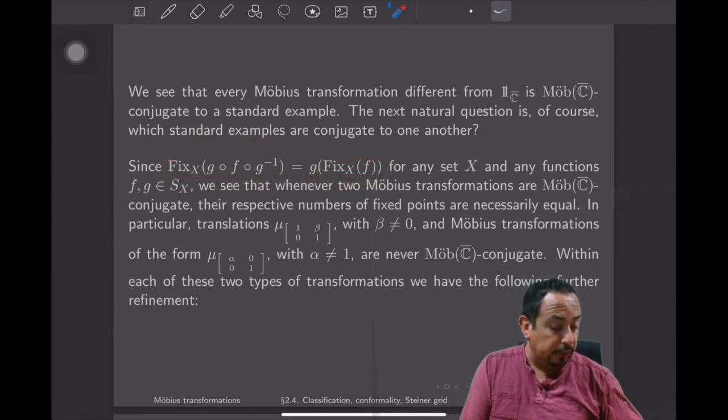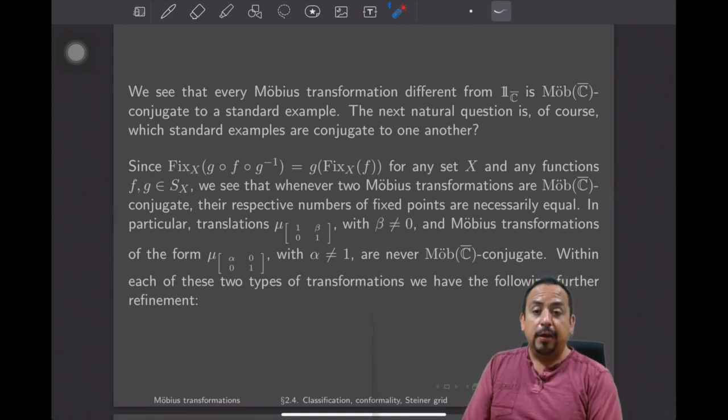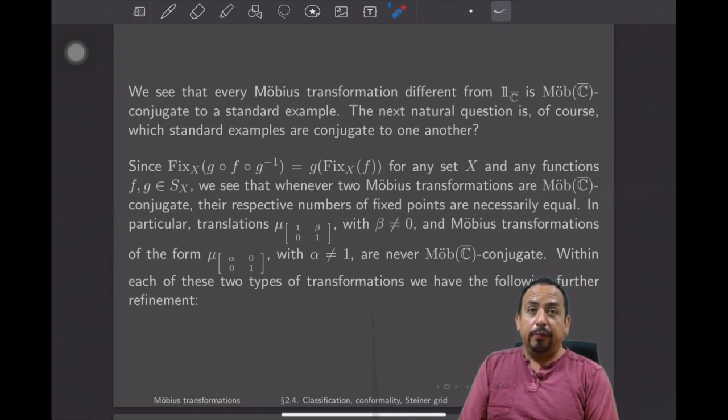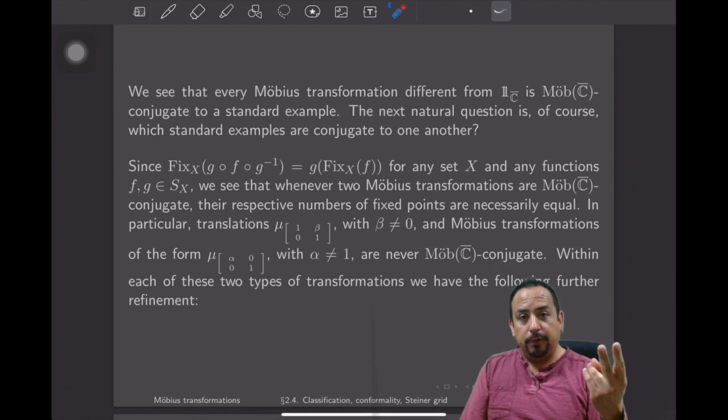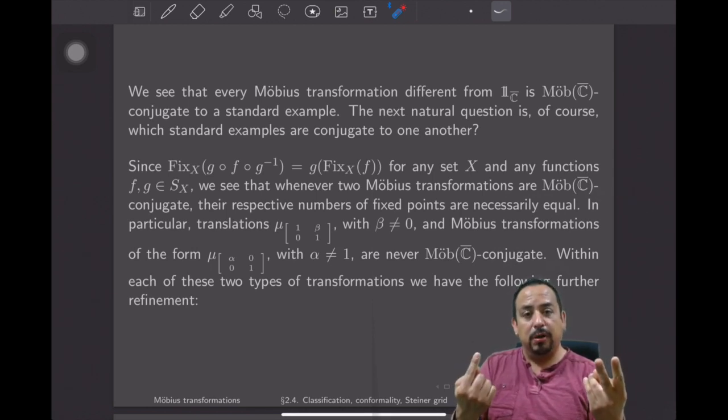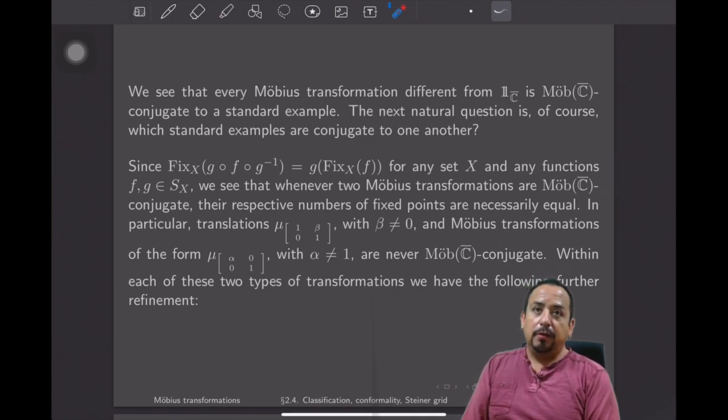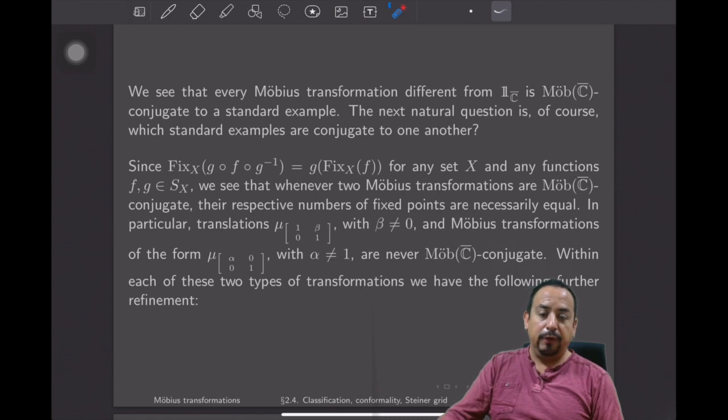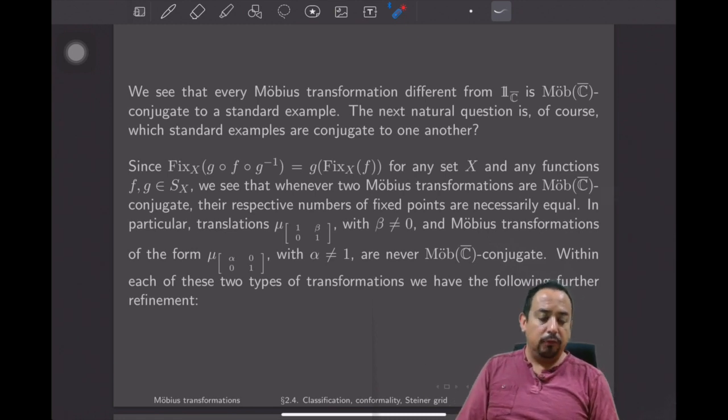So the first thing we can say is that a Möbius transformation with exactly 2 fixed points is never conjugate to a Möbius transformation with exactly 1 fixed point. Right? So multiplication by a non-zero complex number different from 1 is never conjugate to a translation by a non-zero vector, for instance.